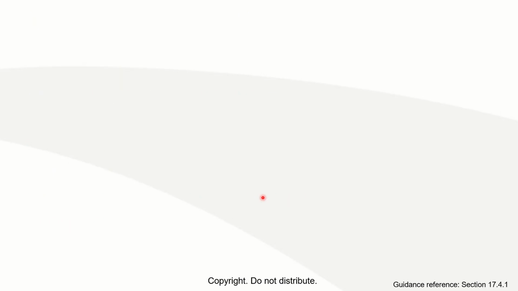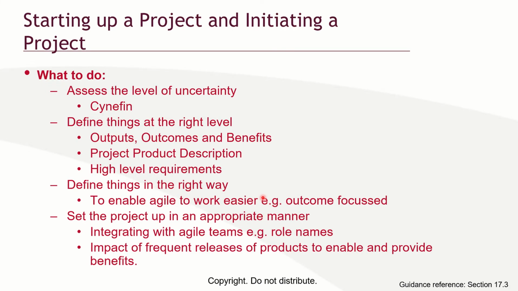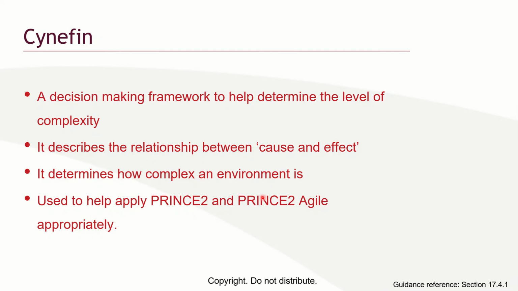All right, so we mentioned that under starting up a project, you use Cynefin to assess the level of uncertainty. What is Cynefin? Cynefin is used as a framework, and the creator of Cynefin is called Dave Snowden.